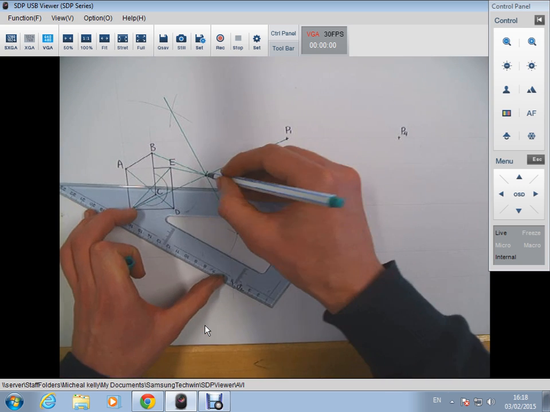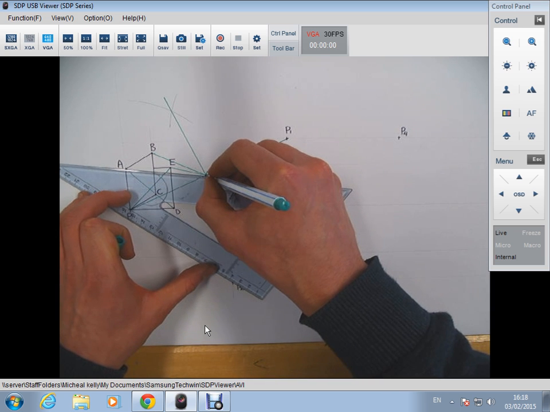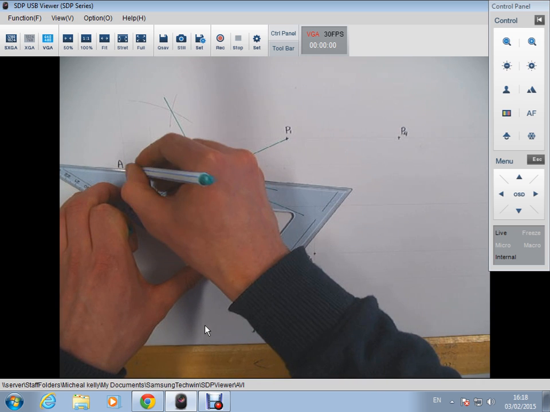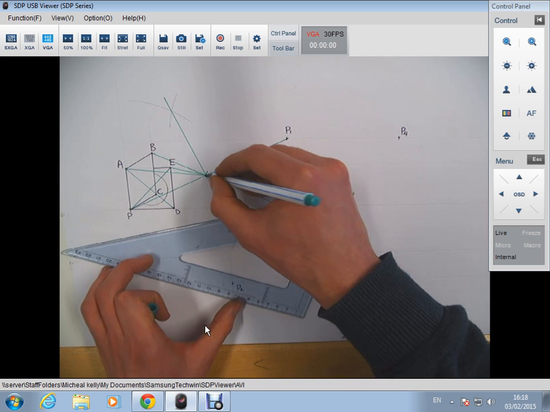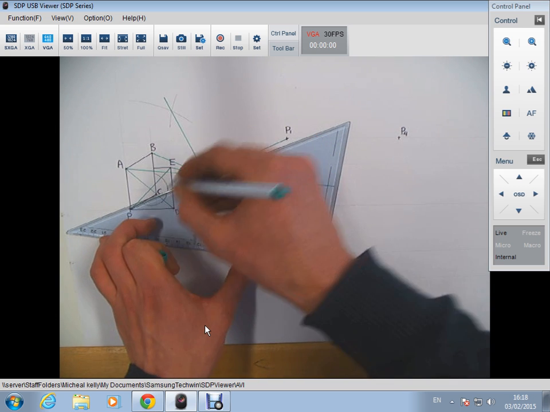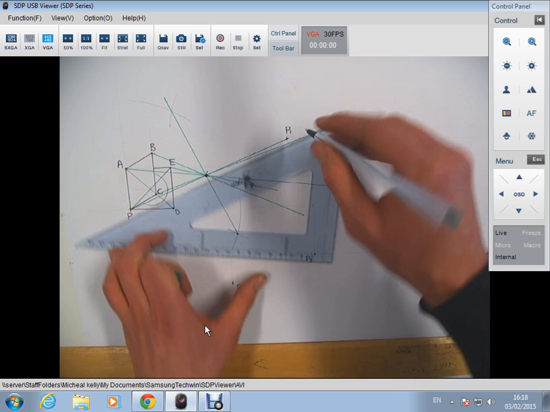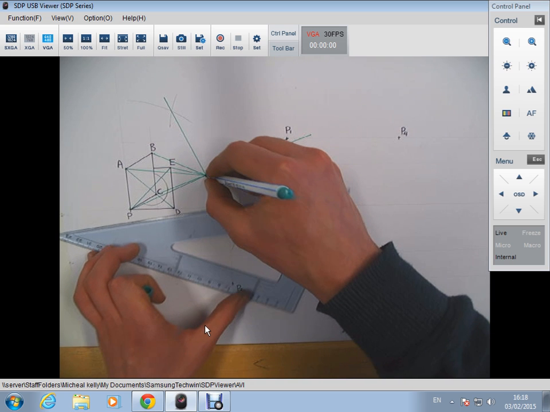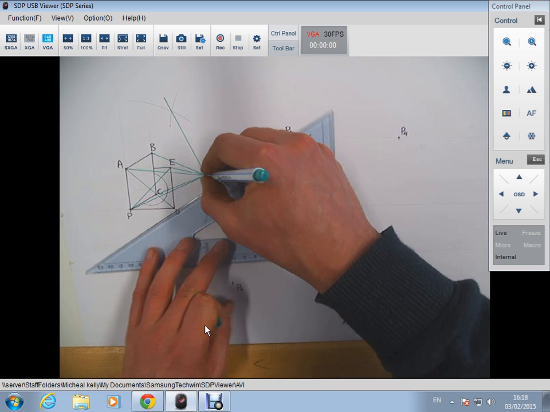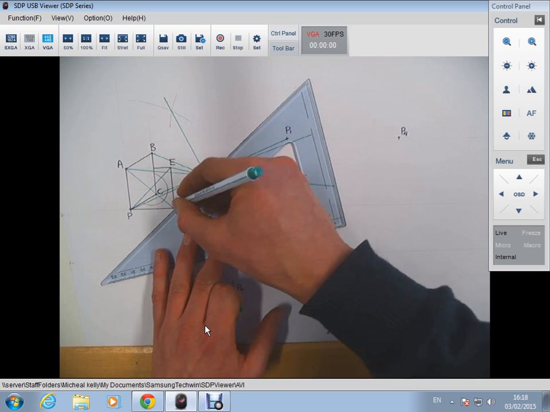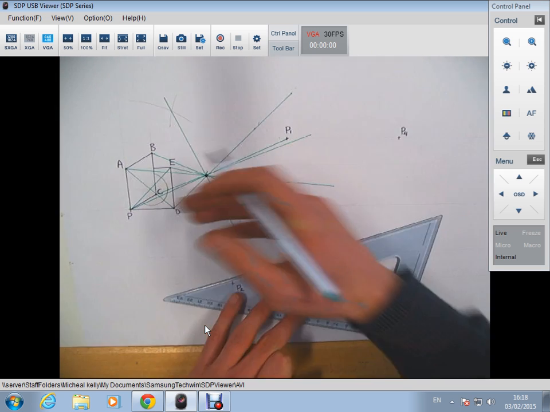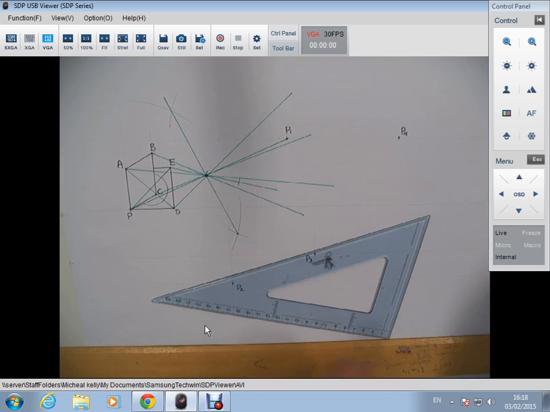Point B through the point of symmetry, point A through the point of symmetry, point C through the point of symmetry, and point D.